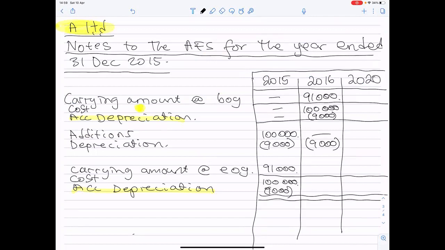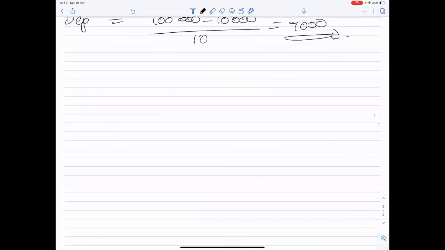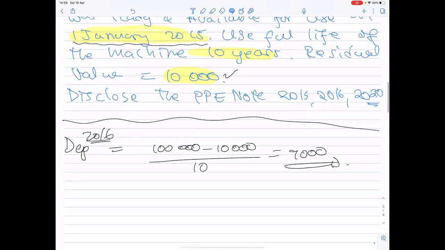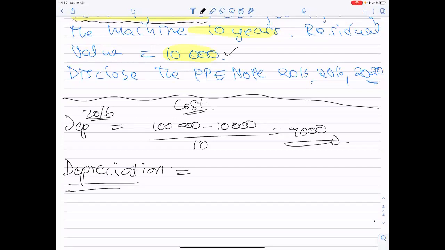Right. Then there is another way that you can calculate your depreciation that I want you to fully understand. This one was the depreciation calculated on the cost. So if it is on the cost, it means that you are going to use the cost of the asset and also the total useful life of the asset.